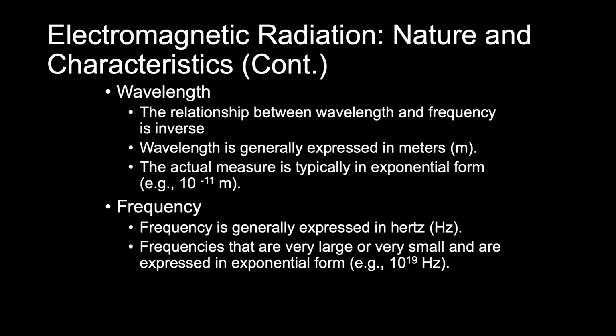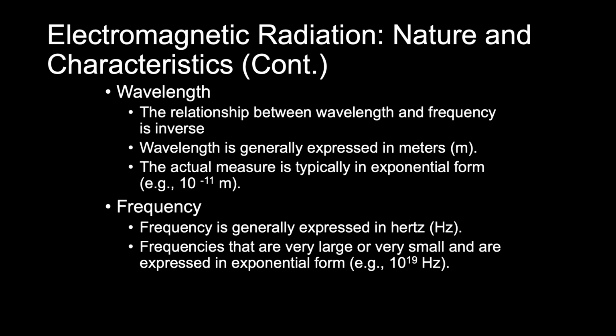Wavelength is generally expressed in meters. And because we are dealing with very large to very small wavelengths in the electromagnetic spectrum, the actual measure is typically in exponential form, for example, 10 to the negative 11 meters. Frequency is generally expressed in hertz, and 1 hertz is defined as 1 cycle per second.